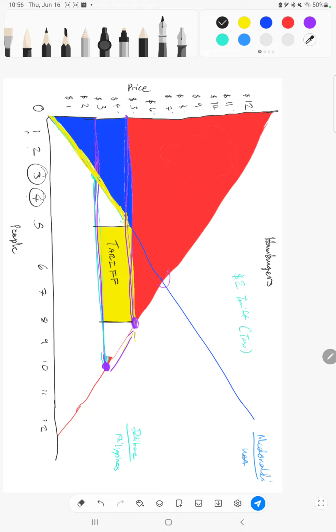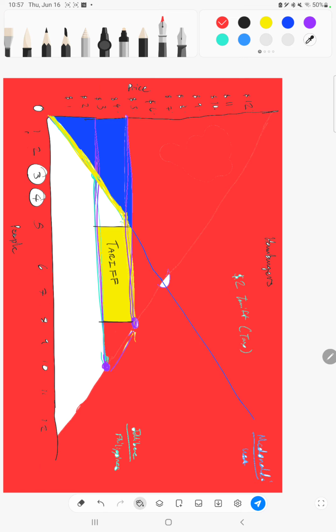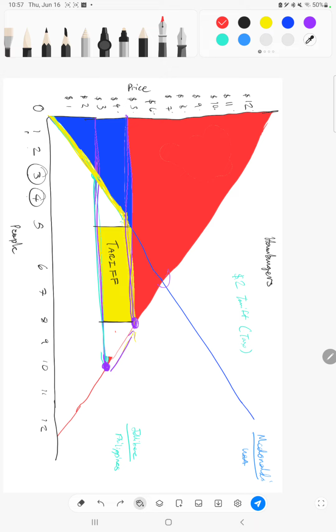What about 3 and 4? Well, because we changed the equilibrium, Jollibee is not willing to sell. So right here, what happens to this spot?